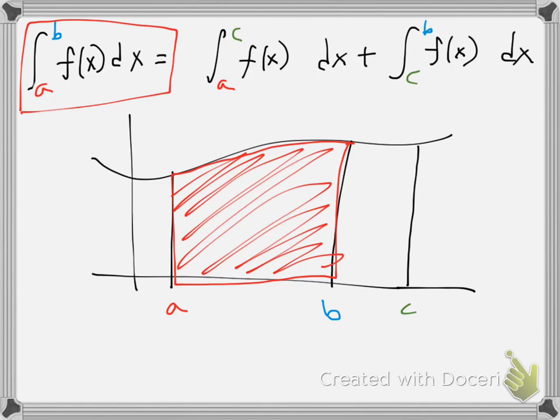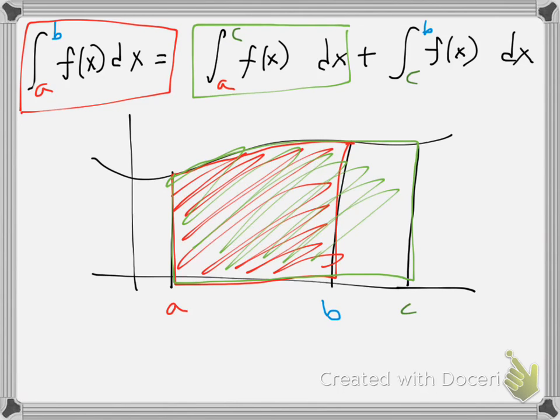Okay, well, the area from A to C, which I'll do in green again, is more than our actual value. From A to C is all of this green stuff. That's too much. How are you going to add something to that and get the red, which is what the other side of the equal sign is?